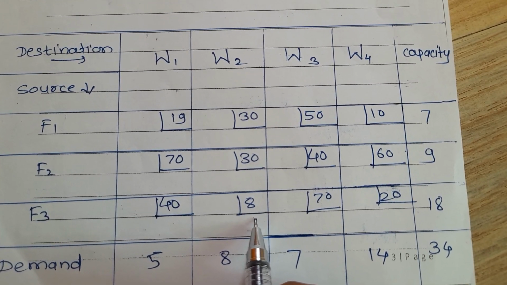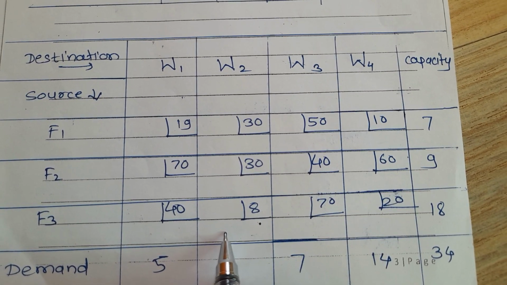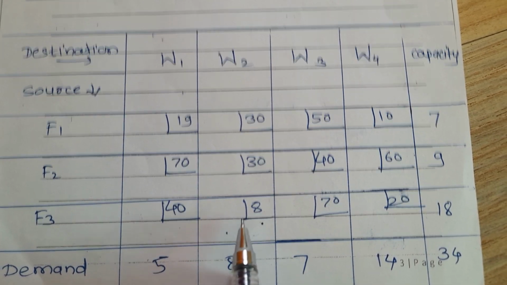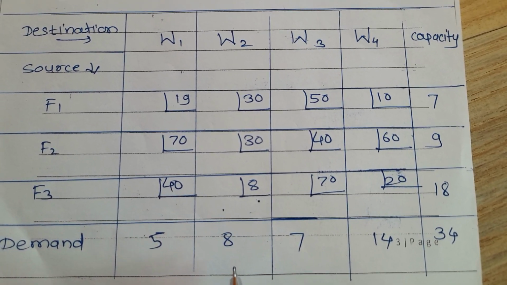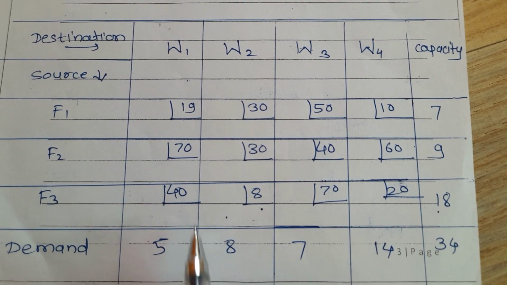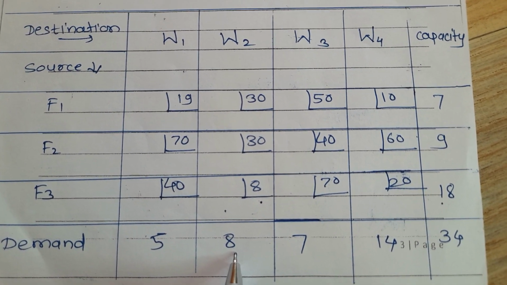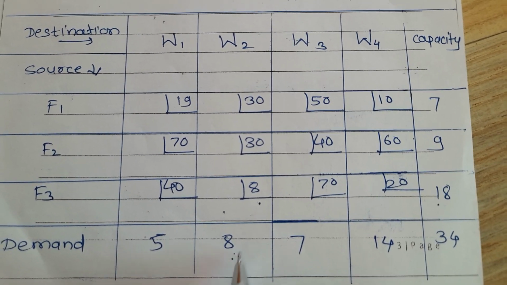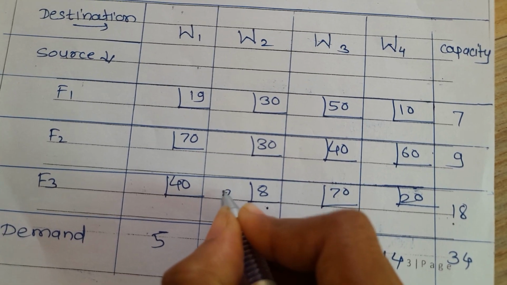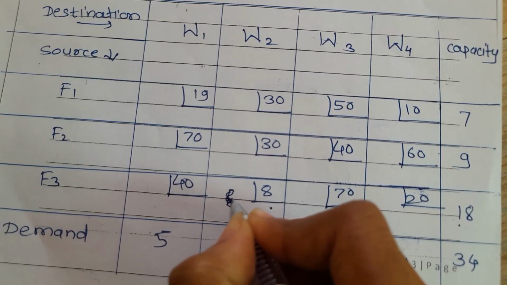Okay, so we allocate here. This cell is the 3 2 cell. How can we allocate here? See the corresponding row here is 18 capacity, and the corresponding column here is 8 demand. Which is minimum? 8 and 18. 8 is minimum. Therefore, we allocate here 8.